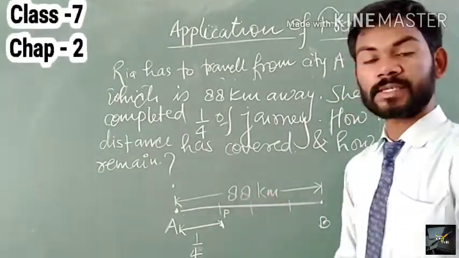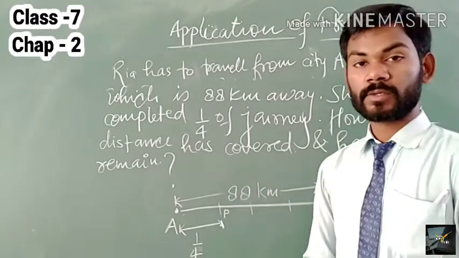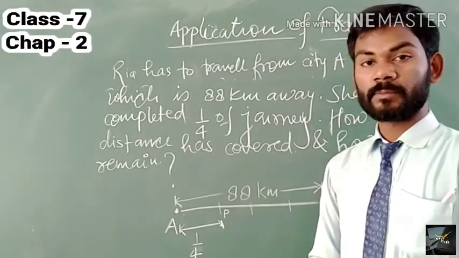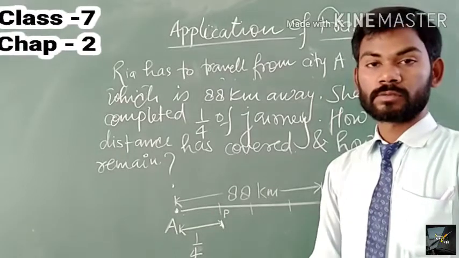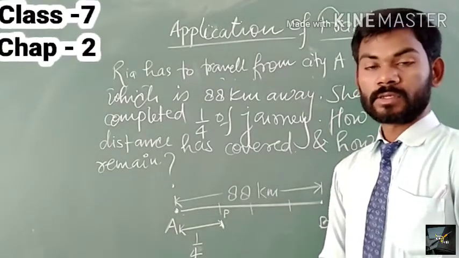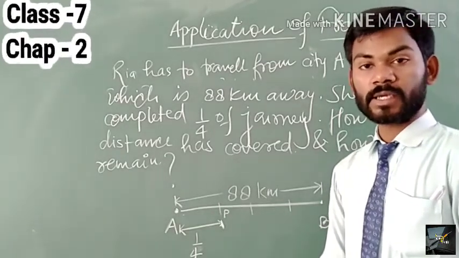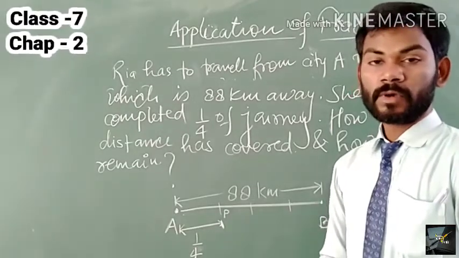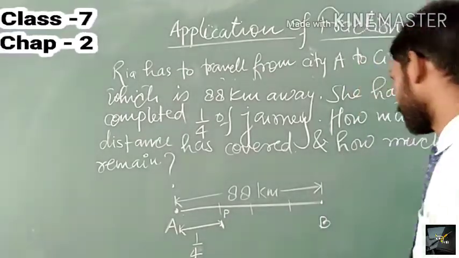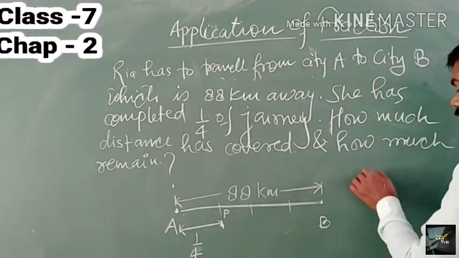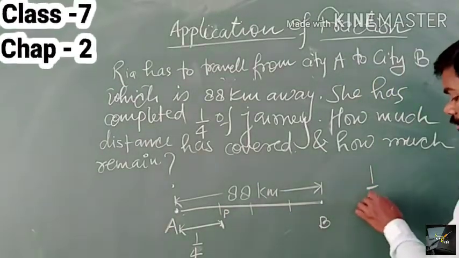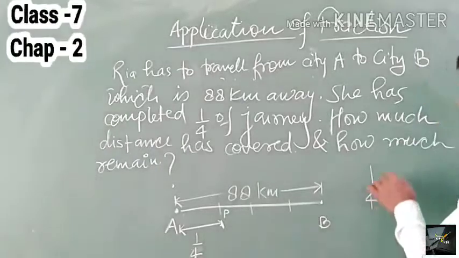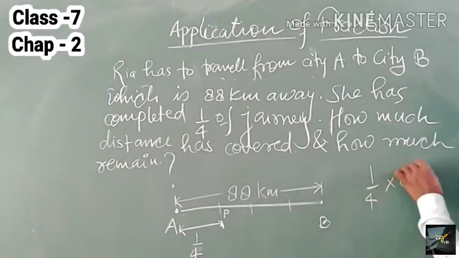Since the total distance was 88 kilometers and Ria completed 1/4 of the journey, we have to find 1/4 of the total distance.